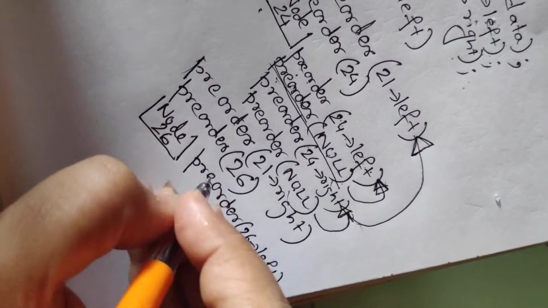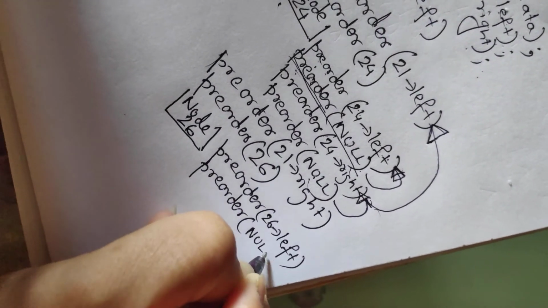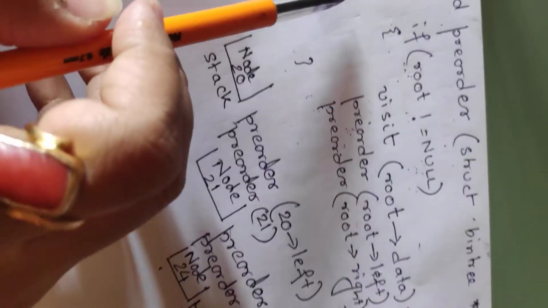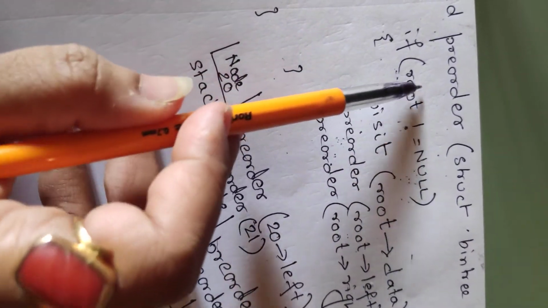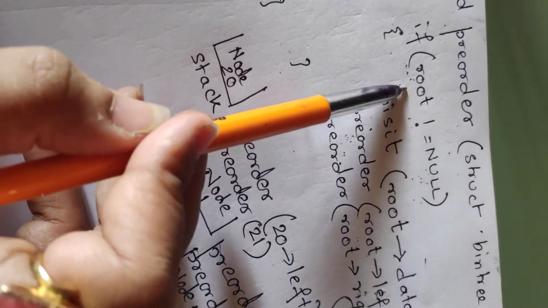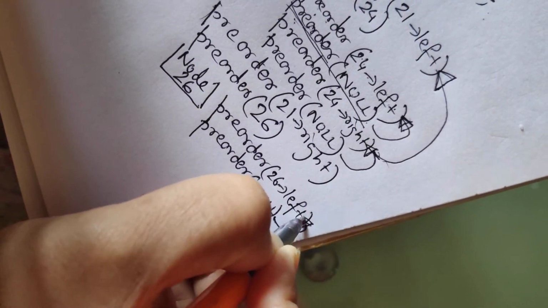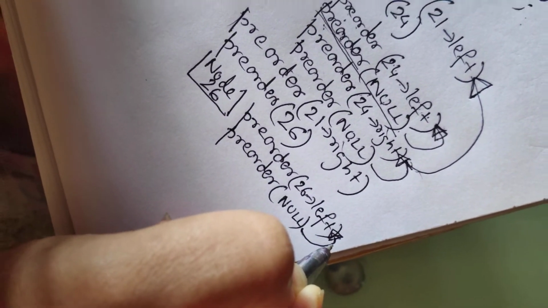That means actually you are calling preorder null. So when you call preorder null, as we have seen in the previous case, this if condition does not work at all because this is the base condition. So the control comes back at this point from where the call was made.